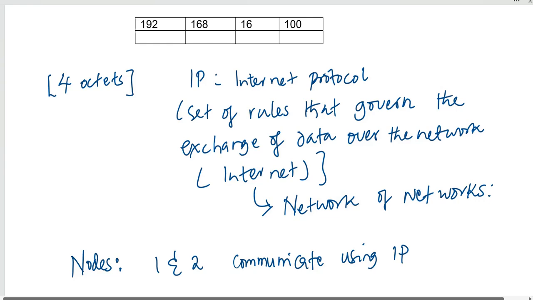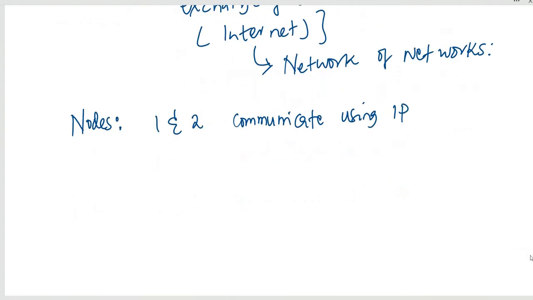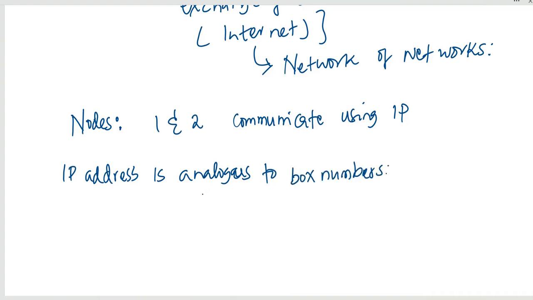So over the internet, nodes, devices, or anything that consumes resources are identified in that way by using IP addresses. Okay, so I can say it is analogous to our box numbers. One is able to know I'm going to send this information to location so and so, and the other is also able to know the other's location, and so they are able to seamlessly exchange information.